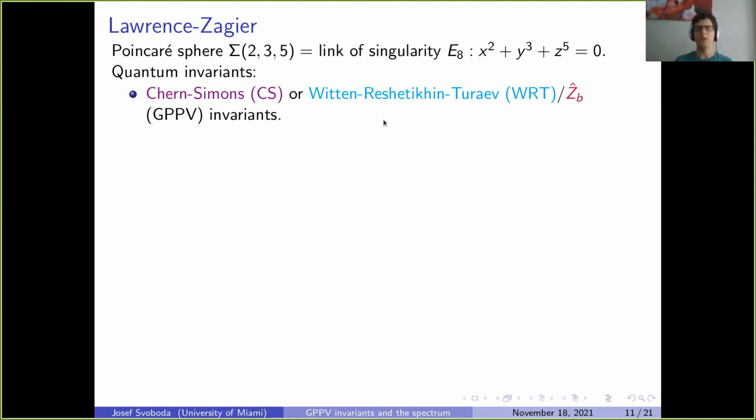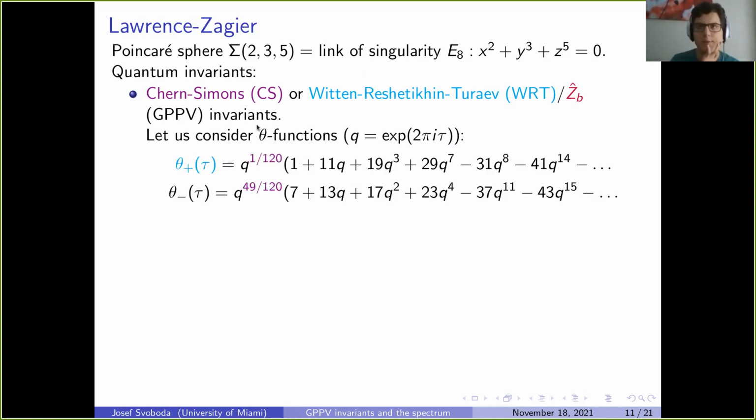And what Lawrence and Zagier did, they considered these two functions. So let's take a quick look at these functions. We take some q-series, so power series in the variable q, which has some rational power in the beginning, and then only integer powers and integer coefficients. And so they considered these two functions.